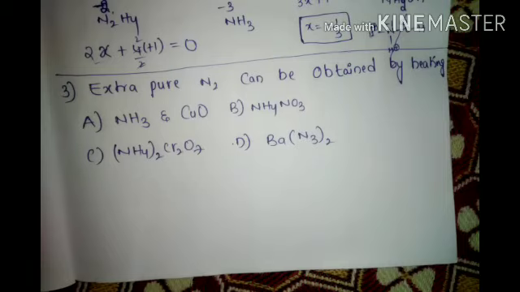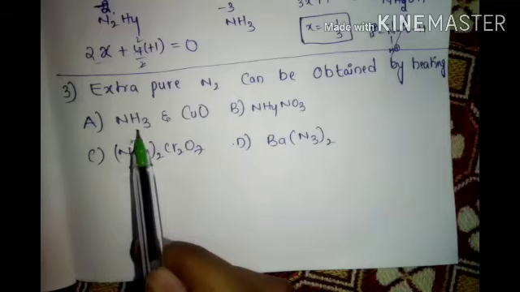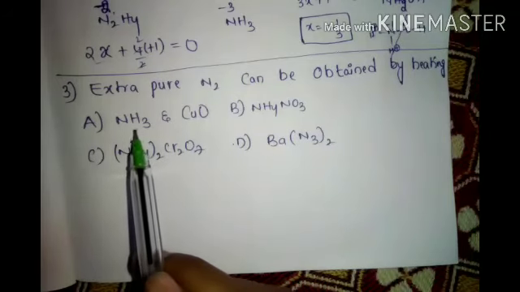Extra pure N2 can be obtained by heating of these compounds. Extra pure means only the purest one will come. That is 2 moles of NH3 we are taking.